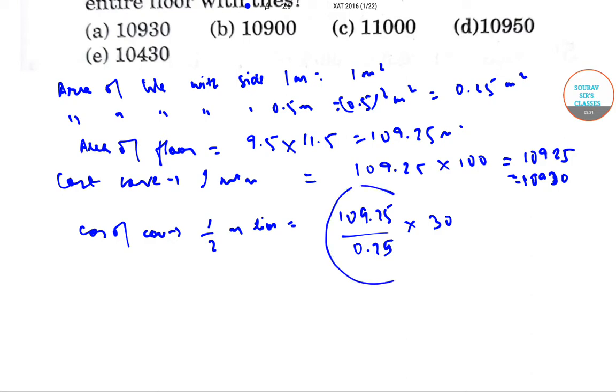These are the number of tiles you'll need, and the cost per tile is 30. So using this we get 13110. Therefore the minimum cost is 10930. That is option A.